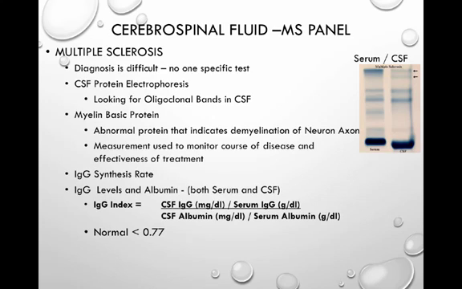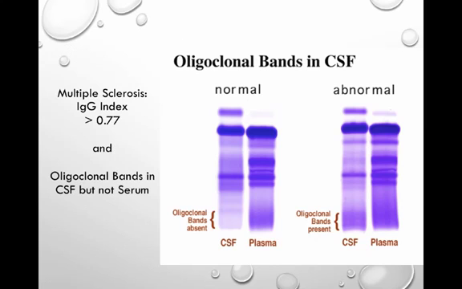The formula on the slide is used to calculate the IgG index. Normal is considered less than 0.77. So again, we can see CSF IgG levels, serum IgG levels, CSF albumin levels, and serum albumin levels in this calculation, again having to be analyzed side by side.